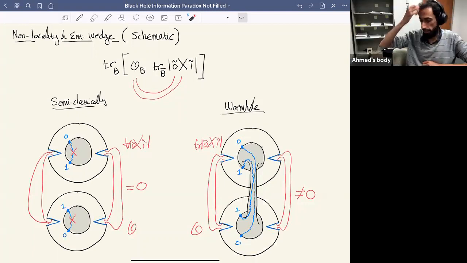Yeah, good. I see your question now. I don't have a direct answer, but one can wonder, is the replica trick a necessary thing for computing entropy? And in some sense, yes, because the entropy is not something you can measure. It's not the expectation value of a Hermitian operator.